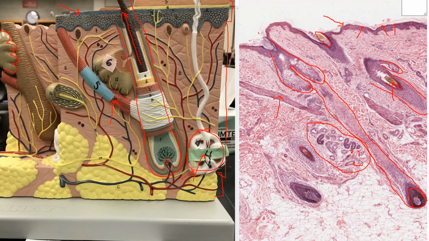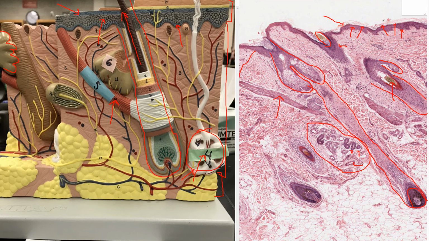Okay, the stratum spinosum is this layer in between that's just deep to that, so it's the gray layer on the model on the left. And then the stratum basale is this last layer that's stained kind of dark purple. That's the stratum basale. And in this model on the left, it's the last layer of the epidermis. It's the same.